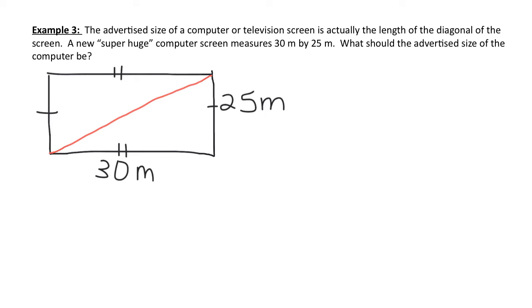Now, I know that this is a right triangle because I know that in a rectangle, all of the corners or all of the vertices of a rectangle meet at a 90-degree angle. So because I know that, I can go ahead and explicitly draw in the little square in the corner of my right triangle.